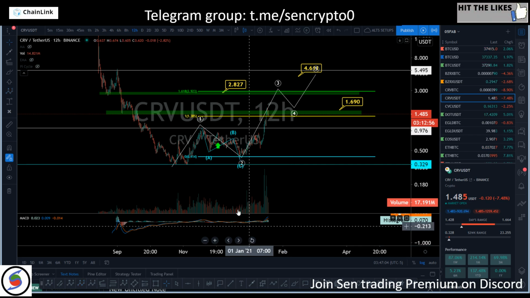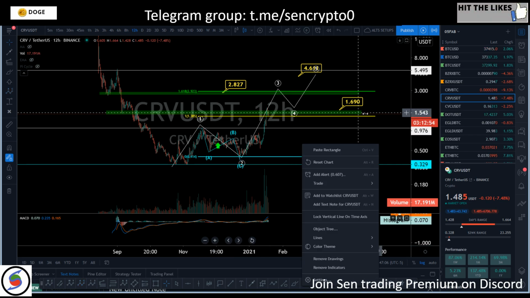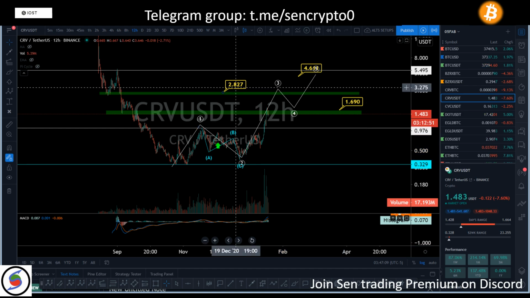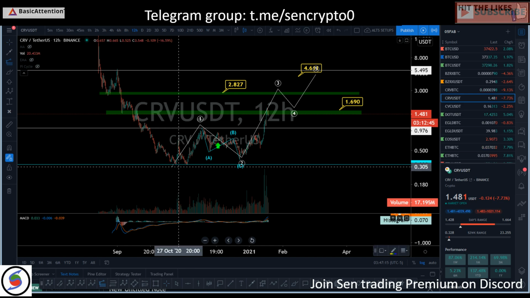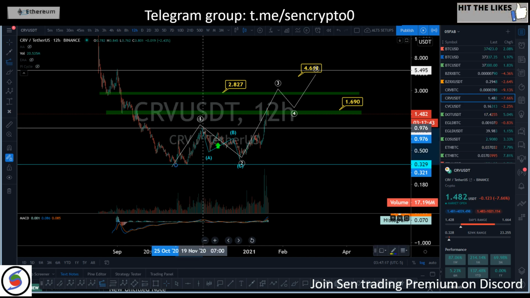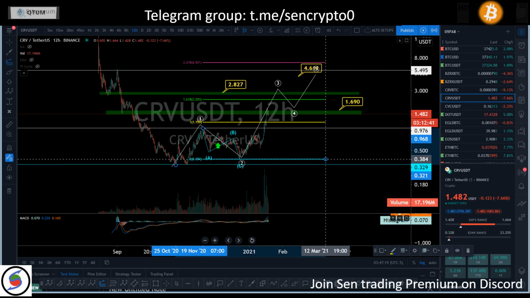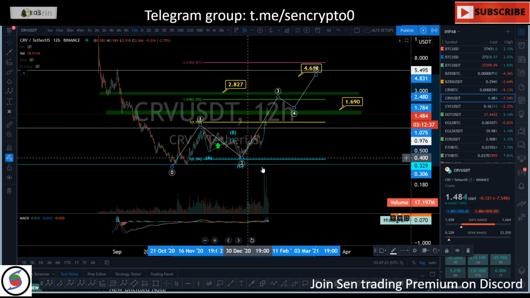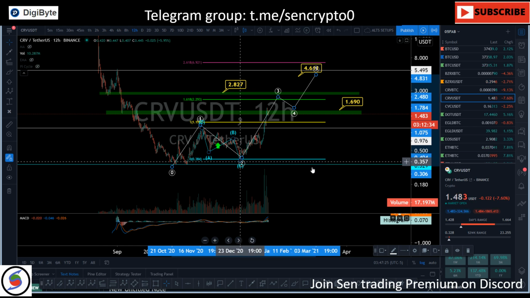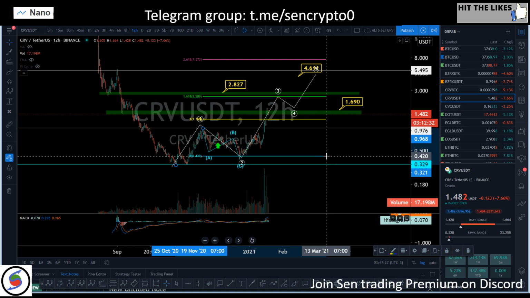Now if you take a look at the 1.618 extension, our target for CRV, why we're looking for 280: you got your swing low to swing high to swing low, 1.618 extension, and it is going to be somewhere right there.